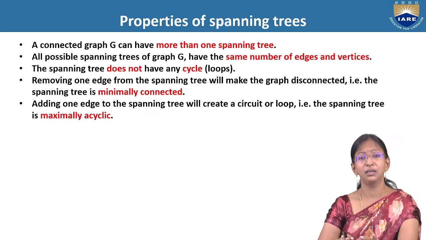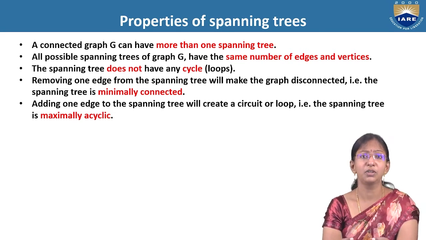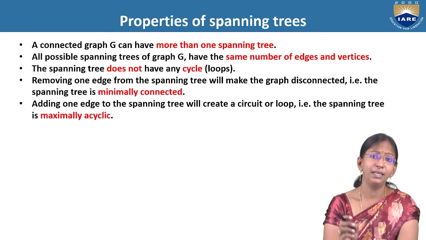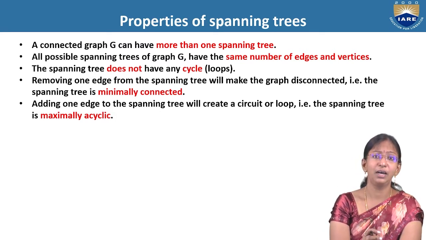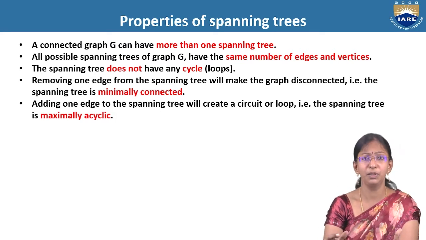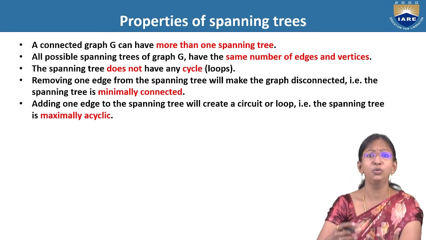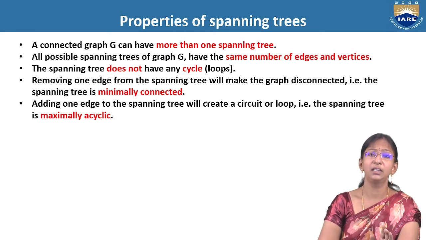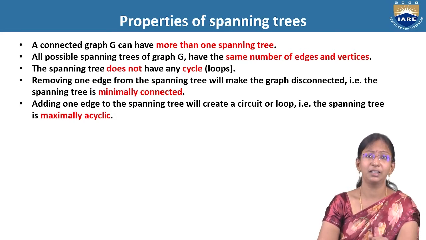So it is a tree which comes out of a graph in such a way that if you add at least one edge to that, it will no longer be a spanning tree. A loop or a circuit will be formed. Such a tree is a spanning tree, and it is maximally acyclic.